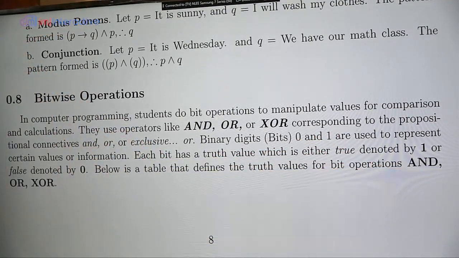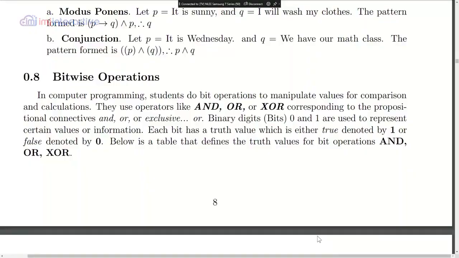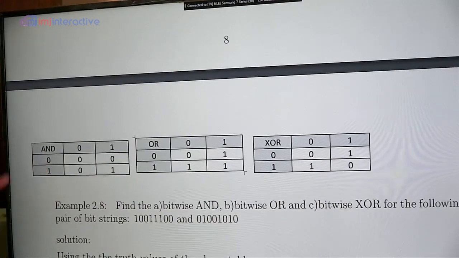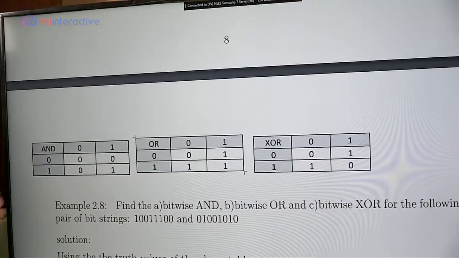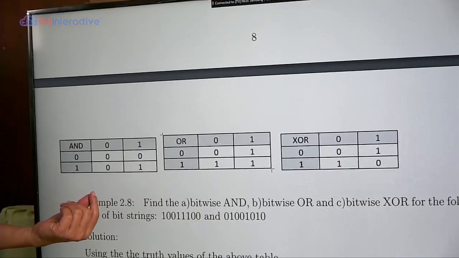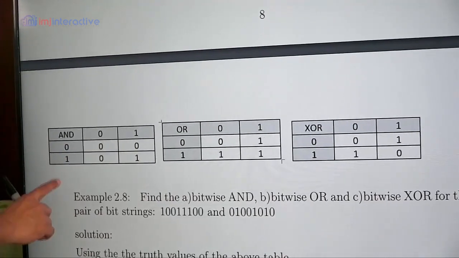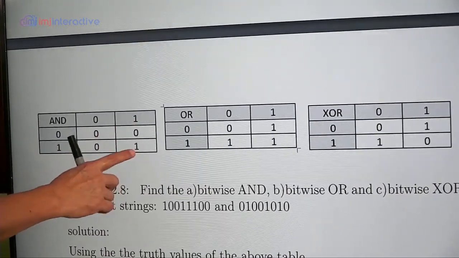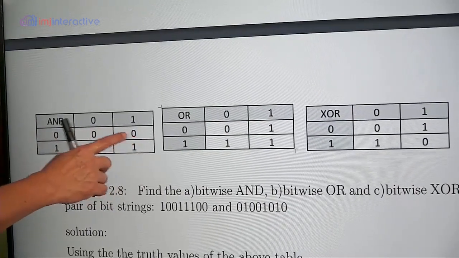Let's look at the bit operations AND, OR, and exclusive OR. Remember, the conjunction AND will only be true if both are true. So 1, 1, 1, true, true, true. Otherwise, false: 0, 0, 0.